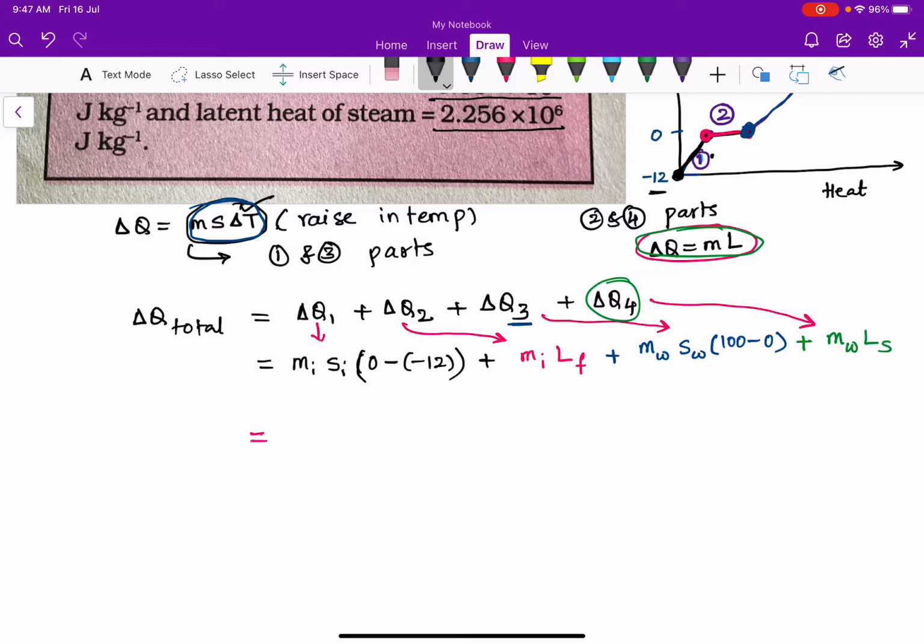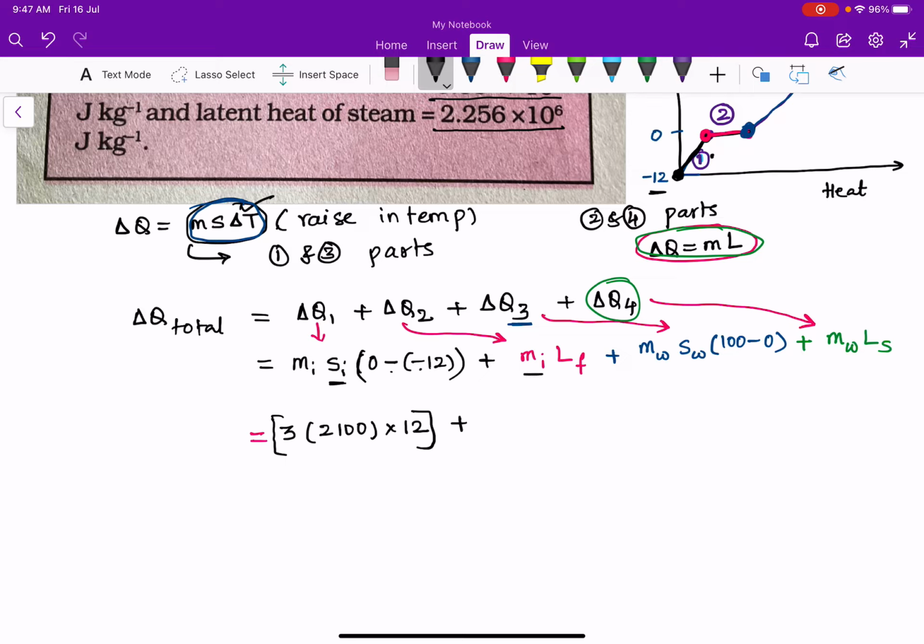Now mass of the ice is 3 kg into specific heat of ice, which is 2100 joules per kg per Kelvin, into 0 minus of minus, which is plus 12. So this is for the first part.